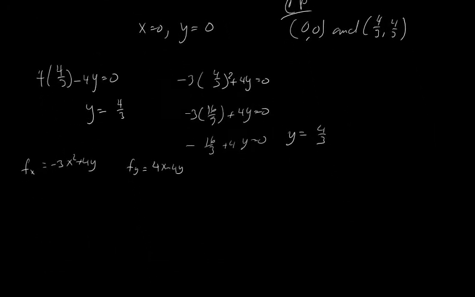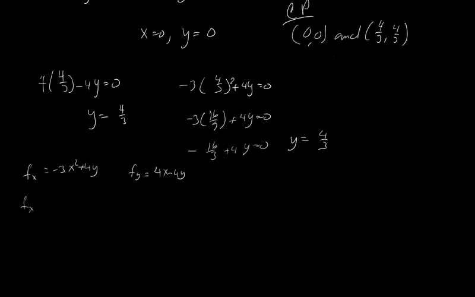Then f sub xx is going to be equal to negative 6x. f sub xy, which is equal to f sub yx, is going to be equal to 4. Then f sub yy is going to be equal to negative 4.